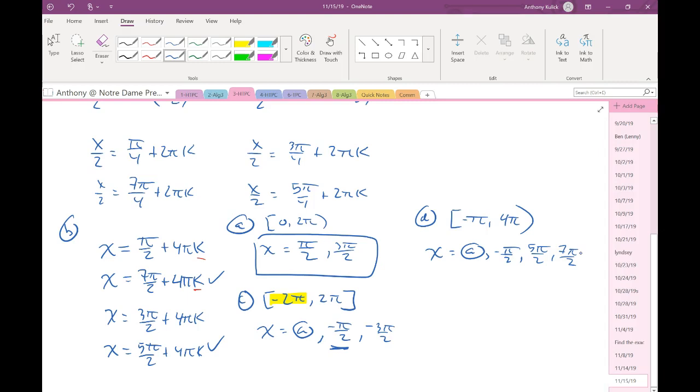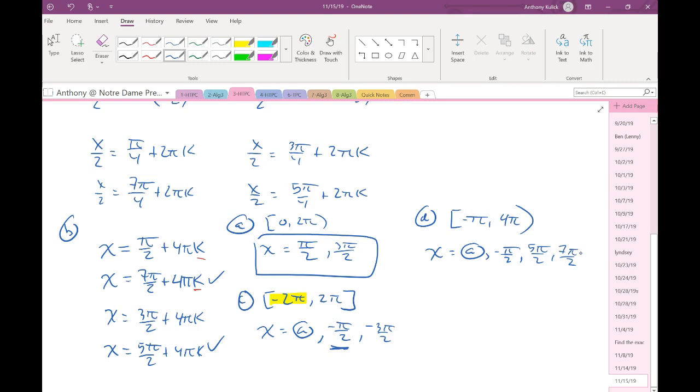Everybody okay there? Well, here's what I usually do. I usually start with 0. And if I get an answer, I have to check, okay, were there any before that or any after that? And if there's not, then I know I'm done. If 0 doesn't work, if it's too big, then I should check a negative one to see if there's a smaller one.